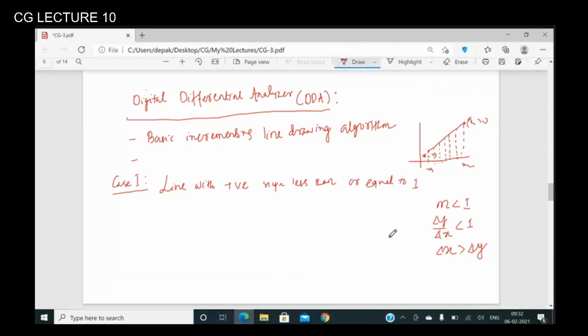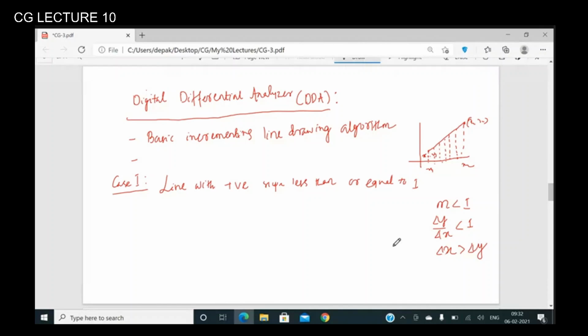In the situation where there is a bigger difference in one coordinate, we usually sample that one. That means the number of steps, the number of pixels required to plot, will be equal to the highest difference in one coordinate, right?